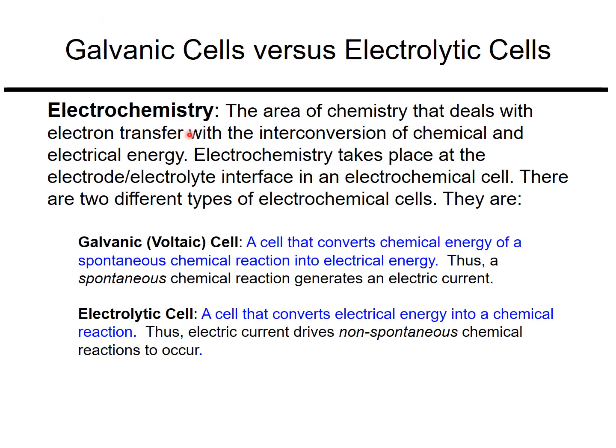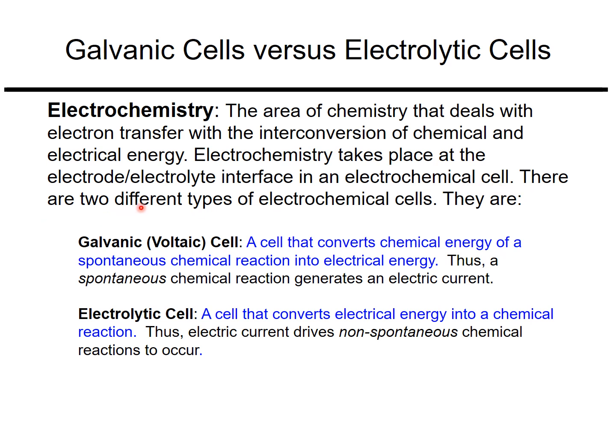What is electrochemistry? Electrochemistry is the area of chemistry that deals with electron transfer, with the interconversion of chemical and electrical energy. Electrochemistry takes place at the electrode-electrolyte interface in an electrochemical cell.